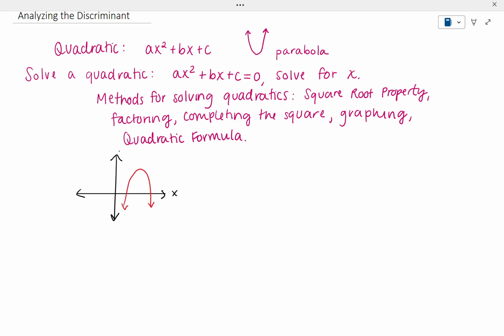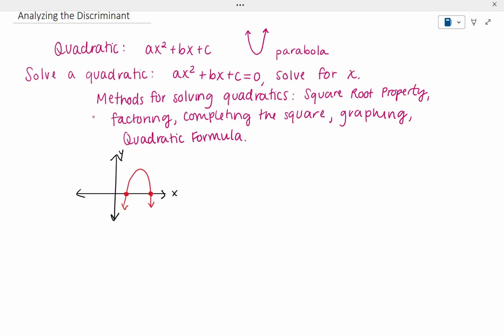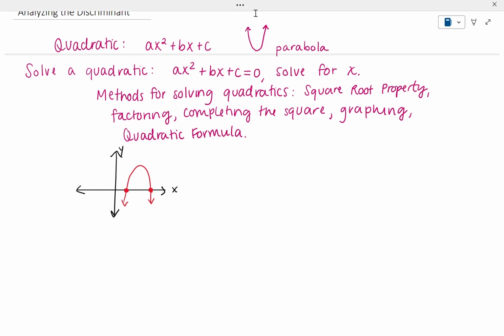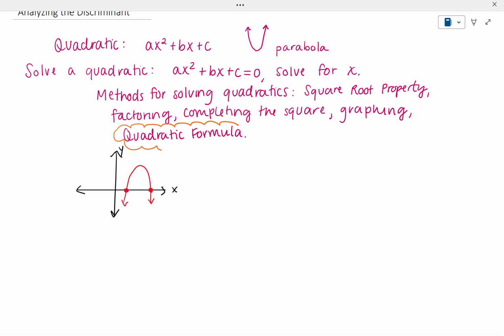So this is x, this is y. So we're finding the x-coordinates of these points. These are your solutions for x. And again, how we can find those algebraically is using the square root property, factoring, completing the square, and the quadratic formula. And for this video, we're going to be looking specifically at the quadratic formula.